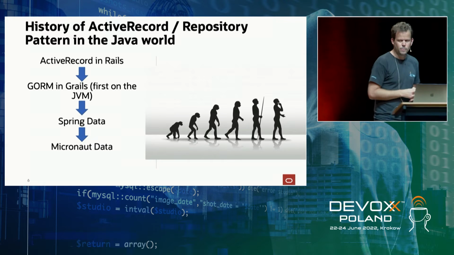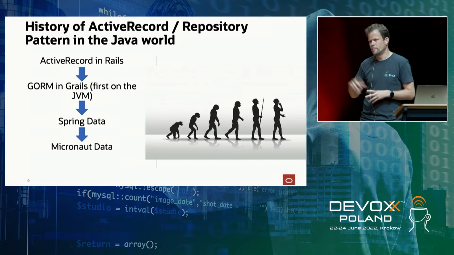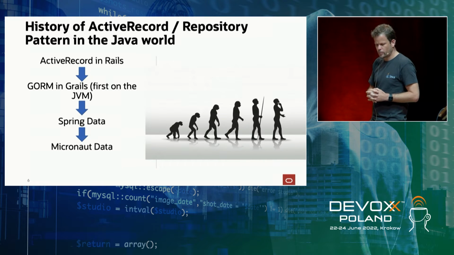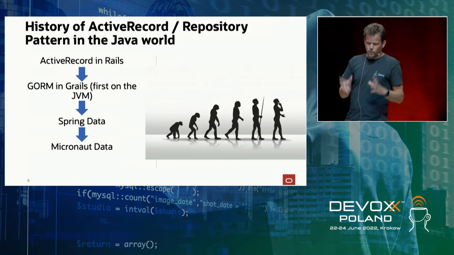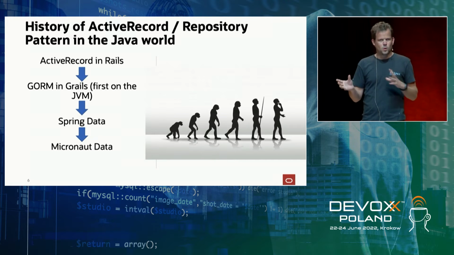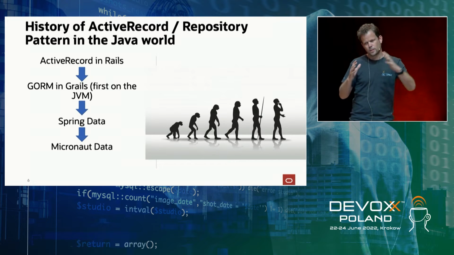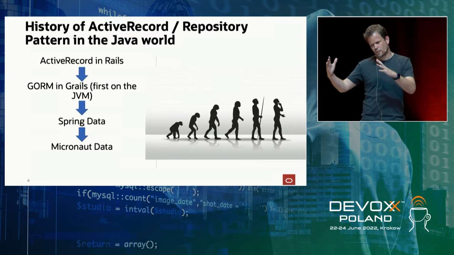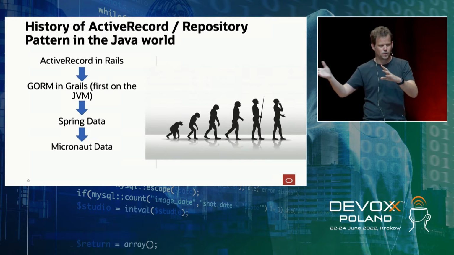When we started looking at Micronaut and seeing what could be improved or done better with the repository pattern and data access patterns generally, we noticed that with both GORM and Spring Data, at runtime the method call is intercepted to determine what query you're going to execute. So, for example, find by title or whatever.